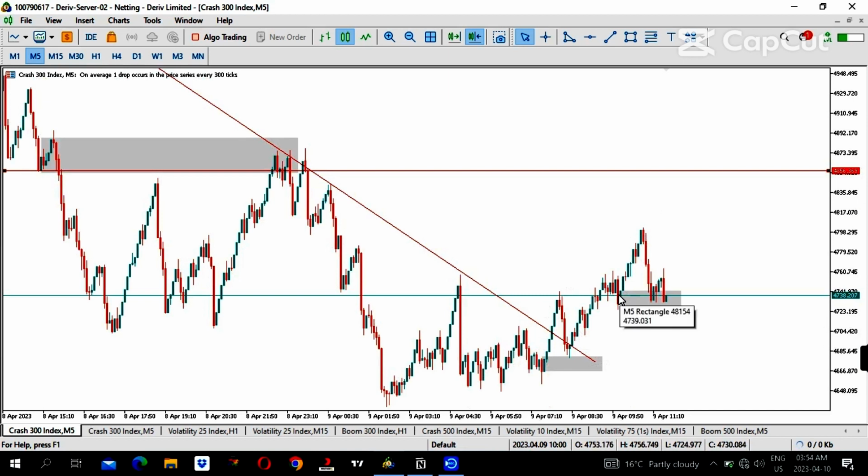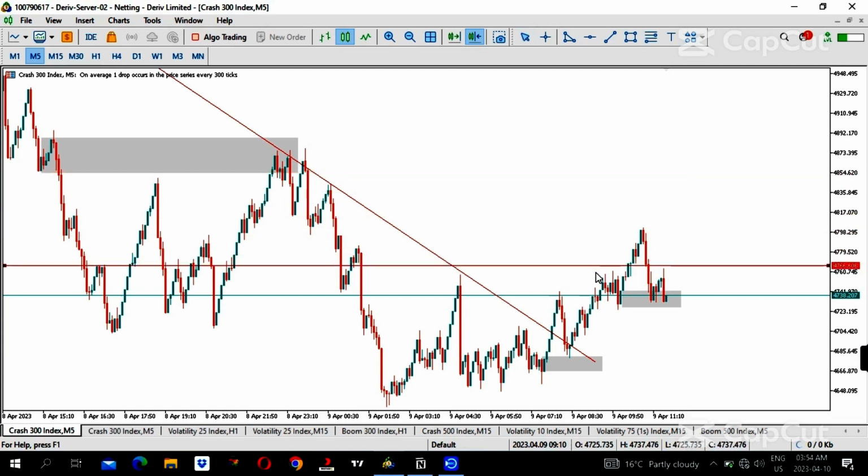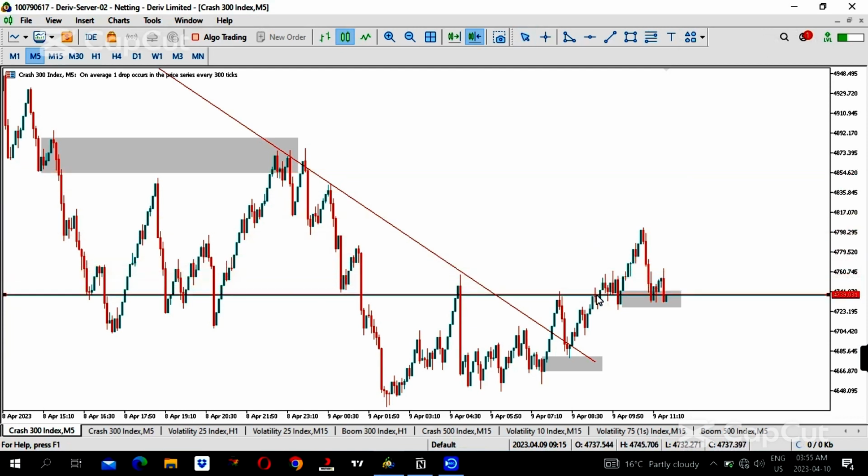When the market pulls back over here, this is a demand zone, which is why I marked it. So I've got an entry over here, and this is also a retest of the flip zone. This resistance here gets broken over here, and this is a retest of that flip zone. So this is a valid entry.